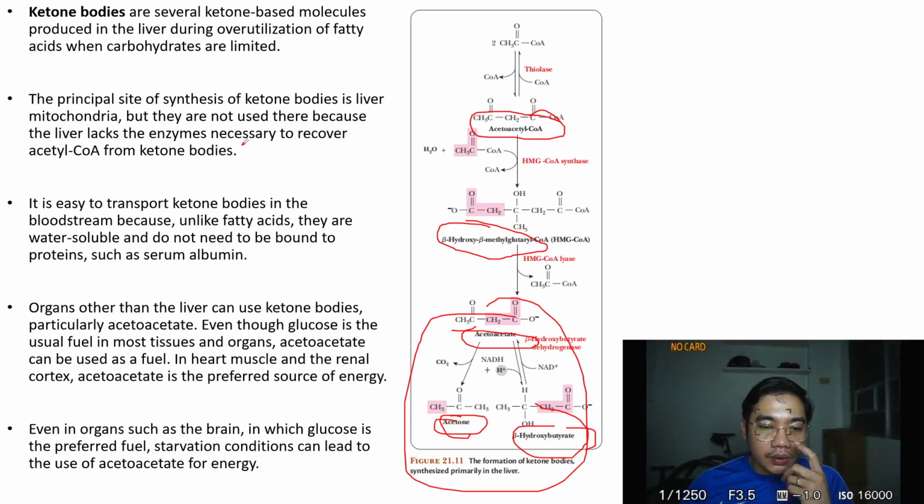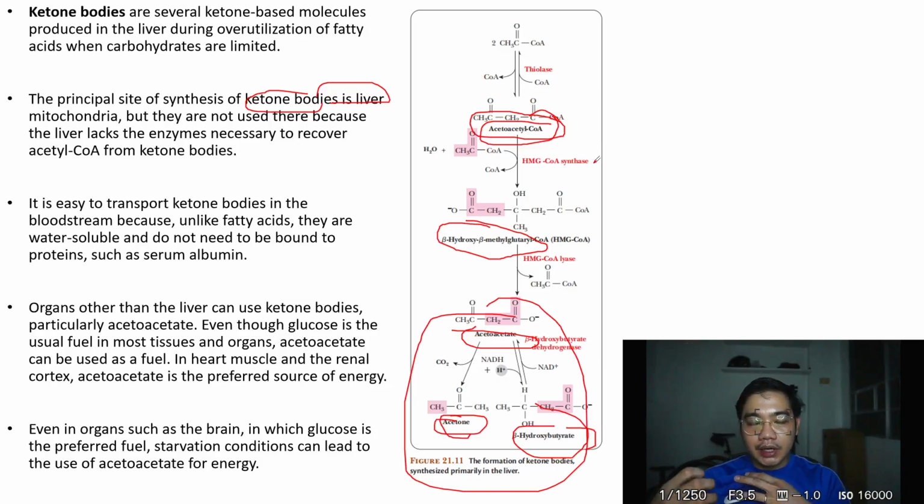So what will happen is your liver will produce these ketone bodies. When there is a lot of acetoacetyl formation, especially in cases of excessive beta oxidation or fatty acid metabolism, due to no more carbohydrate metabolism.